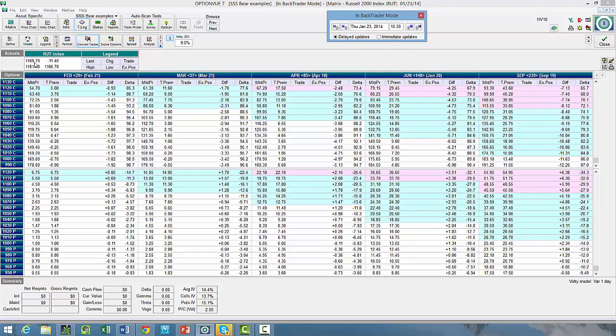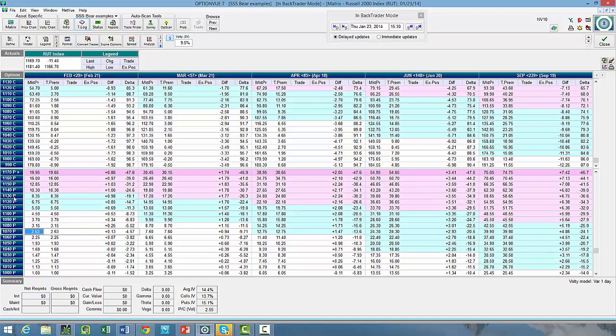I'd come in here at, let's see, we're at 1169, so I wouldn't go with the 40s, I'd go with the 1130s. So let's go with the 1130 butterflies at 57 days to expiration. No, I'm sorry, I would be in the 1140s. The 1140 butterflies here, minus 2.